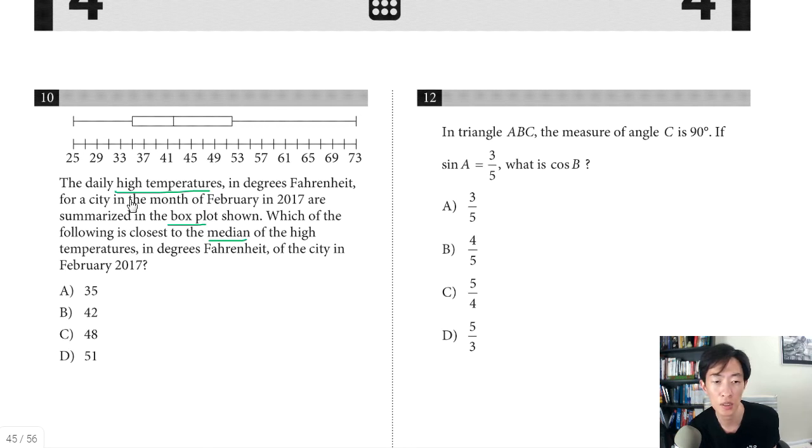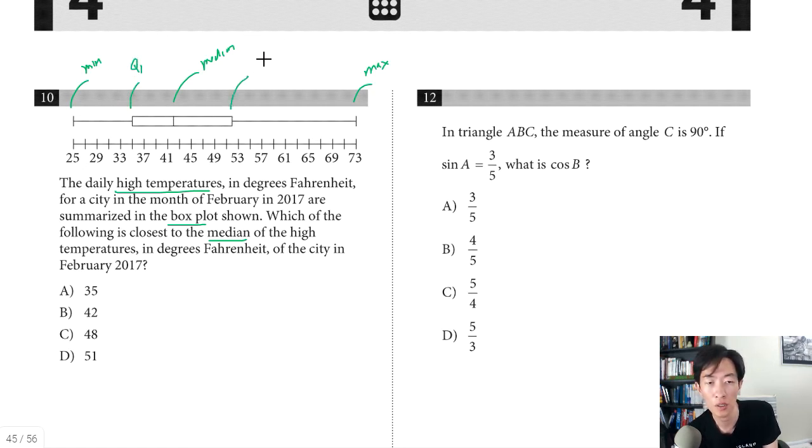Now, when you're looking at this, this is a box plot or a box and whisker diagram, because there's a box and two whiskers. On the SAT, you only really need to know like 5 pieces of information. The first one is that this is the median. Over here, you've got the minimum value. Over here, you've got the maximum value. Right here is your first quartile. Sometimes they call it the lower quartile.